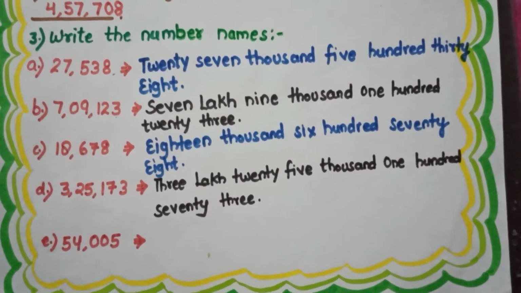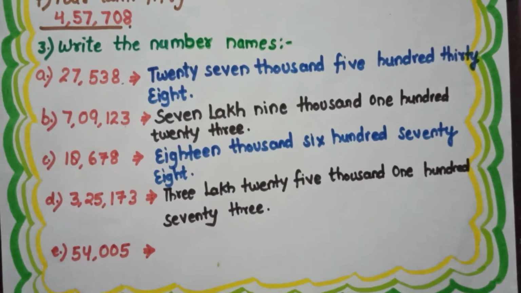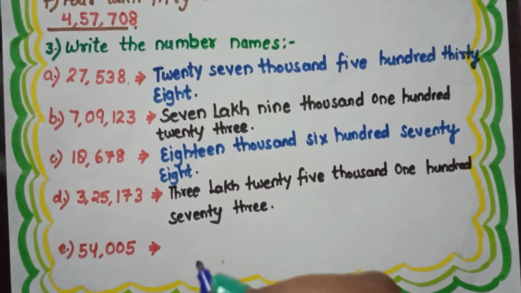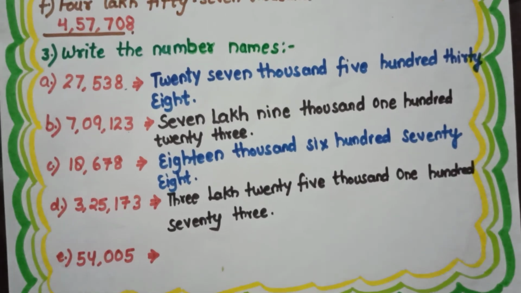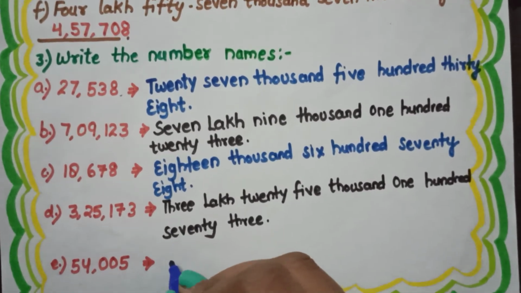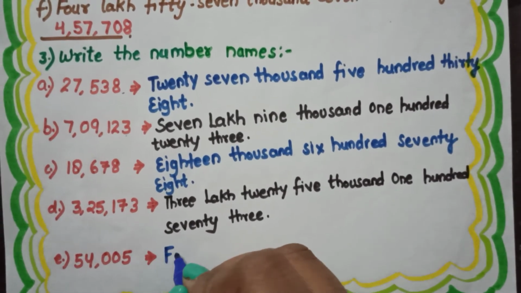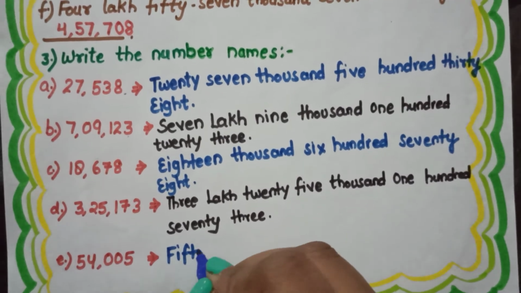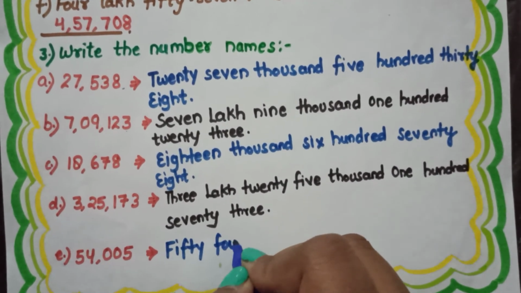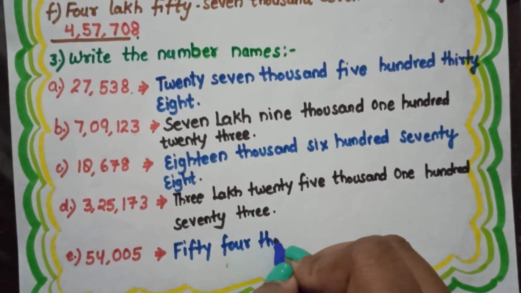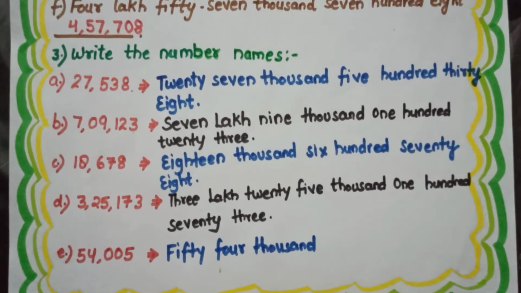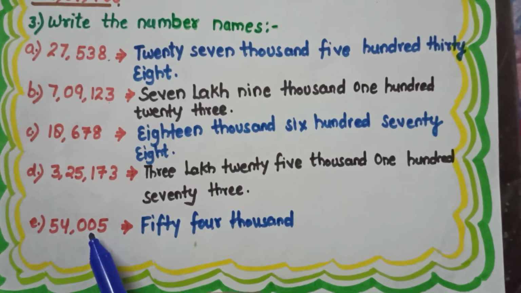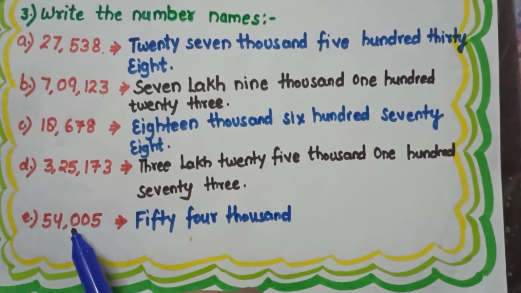Okay. Now E part, 54,005. Now see, we have to be very careful while writing its number name, because of the places: ones, tens, hundreds, thousands, ten thousands. So we have to begin with the thousands place, 54,000. Now students, do we have any digit at tens place and hundreds place?